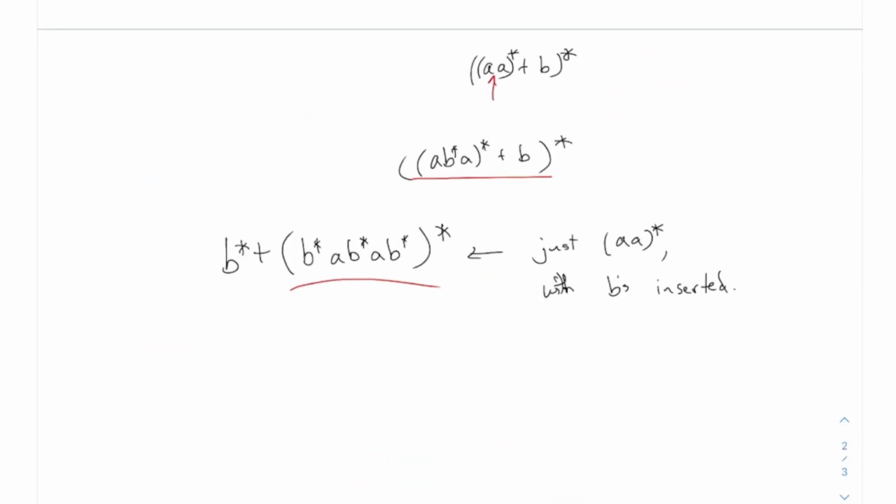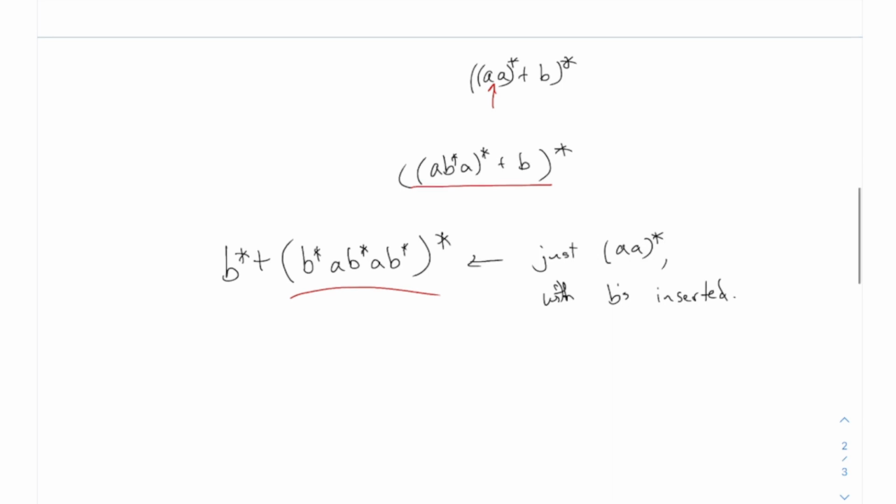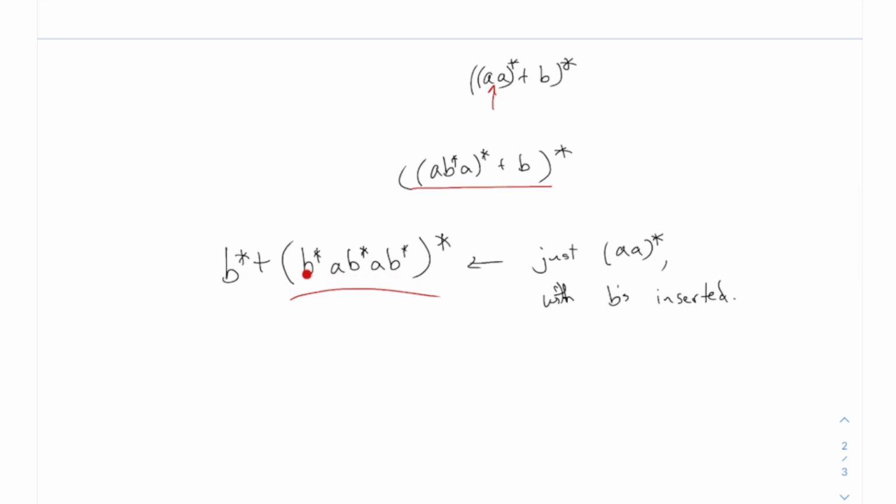In the last example in that group there, why do the B's have stars on the inside? Do you need the stars on the inside or can you just have the outside? Yeah, you need those stars, because if it said B, A, B, A, B, the whole thing star, this allows only that specific thing there, B, A, B, A, B. It doesn't allow, for instance, A, A. If you really wanted an A next to an A, you couldn't do that using this.